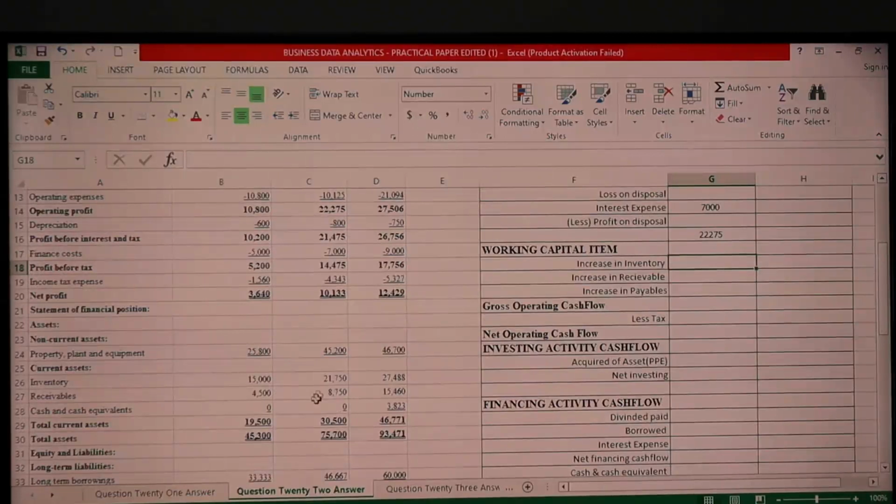So if it is increase in inventory, it means we are supposed to pick 2020 minus that of 2021, to get the increase in inventory. So you click on that cell. Yes, you take inventory for 2020.